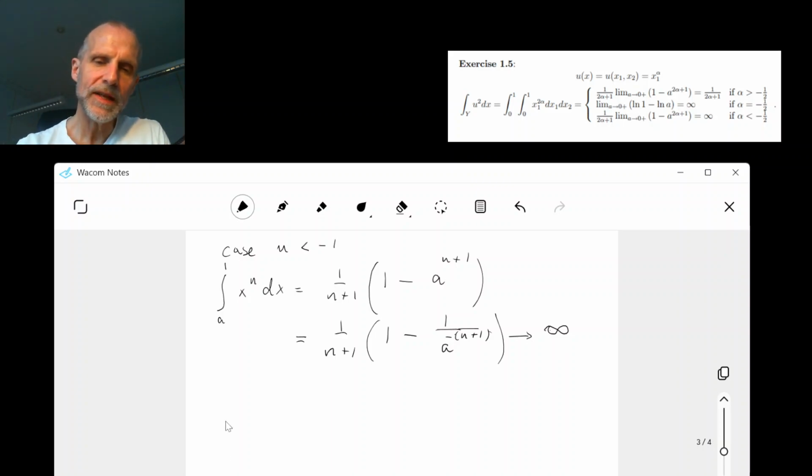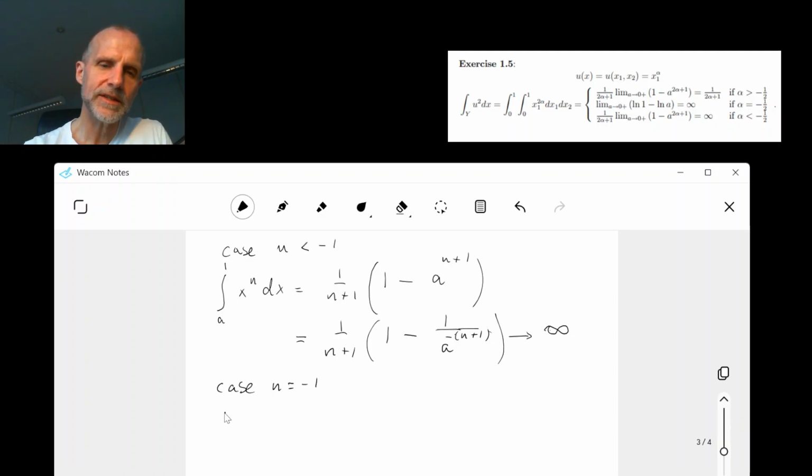Okay, let's consider the final case. I can write this also. The case when n is equal to minus 1.